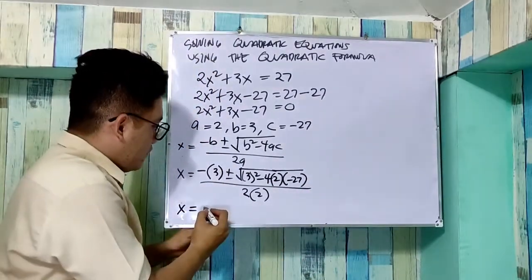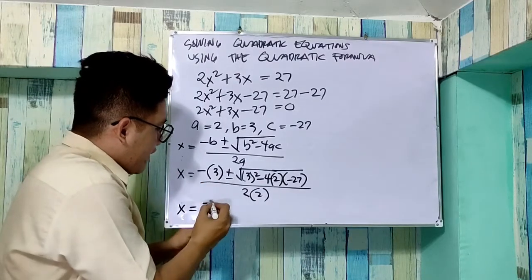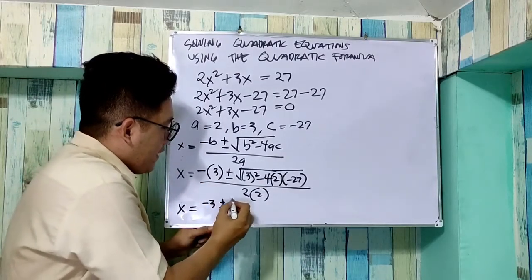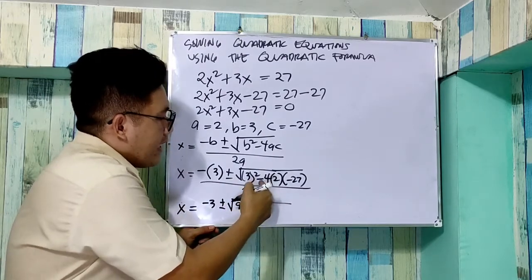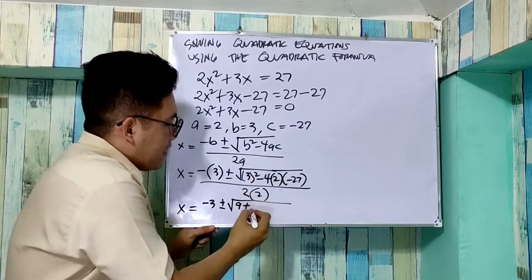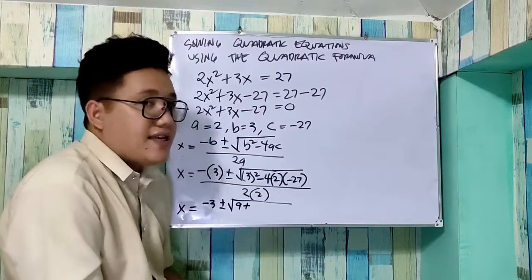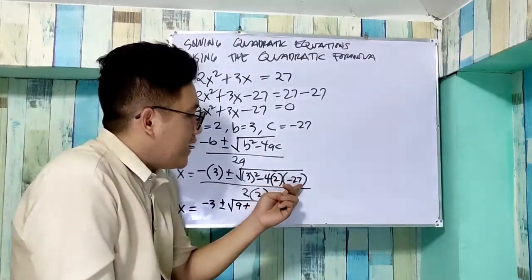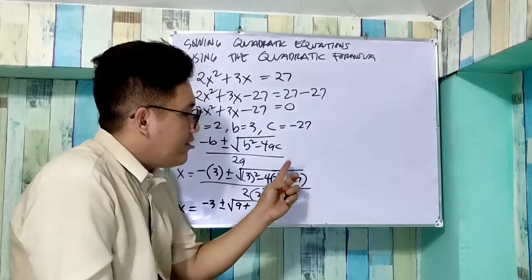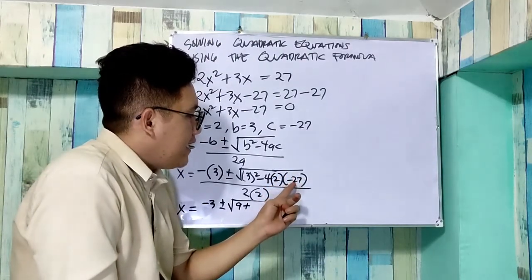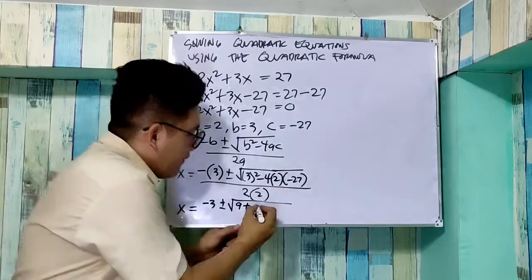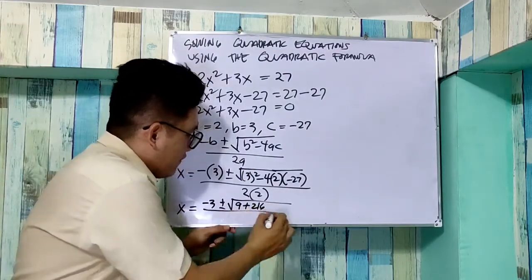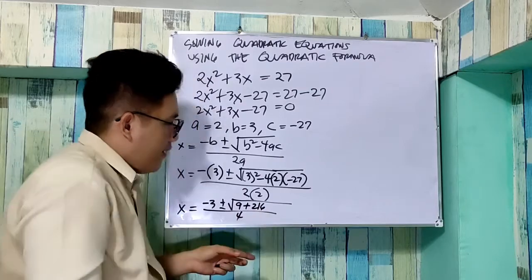X is equal to negative, positive, negative, plus, minus, square root of 3 times 3, 9. Negative, negative, that is positive. 4 times 2, that is 8. 27 times 8, that is 216. We have 216 over 2 times 2, that is 4.